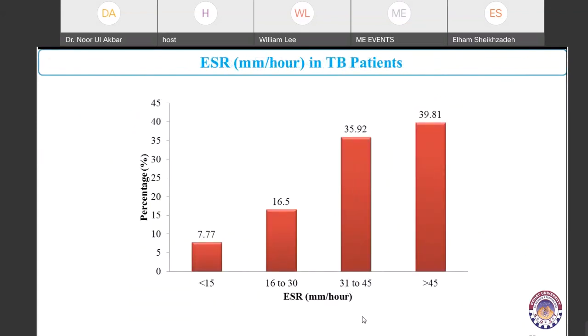The ESR was also studied in the TB patients. Less than 15 millimeter per hour was 7.77%, 16 to 30 millimeter per hour was 35.92%, 31 to 45 millimeter per hour, and greater than 45 millimeter per hour was observed in 39.81%, which is very important, because we can calculate it and find out about some complications of the TB patient.